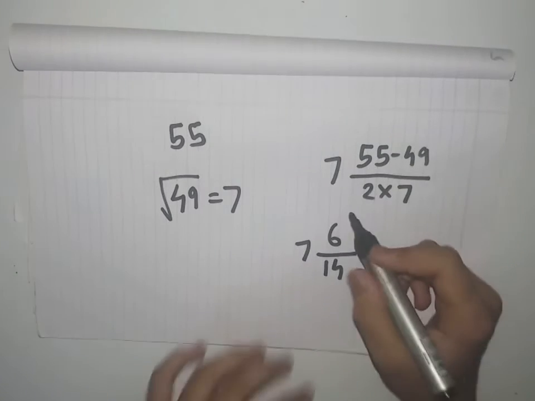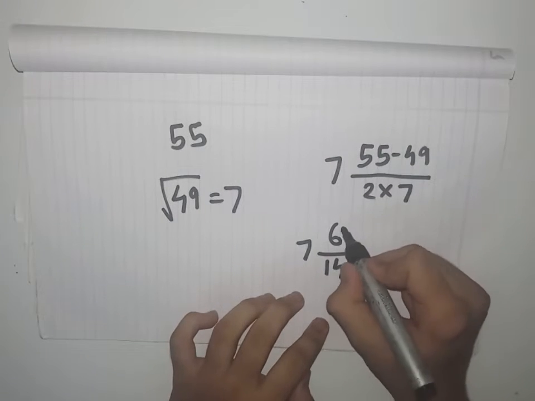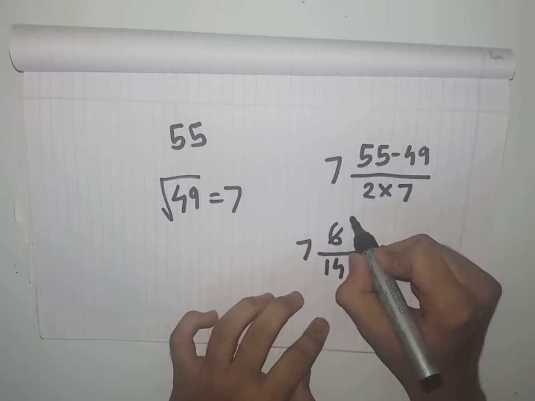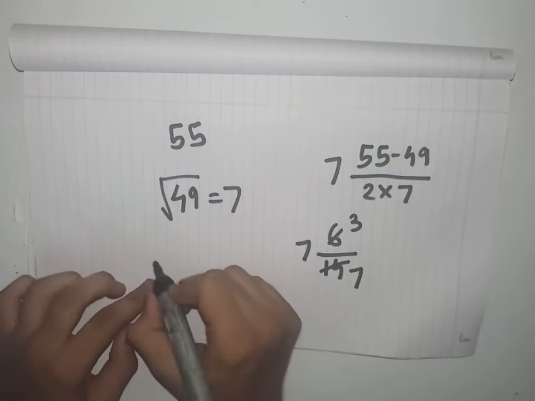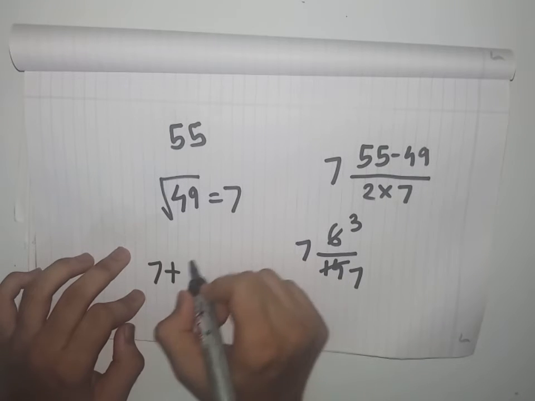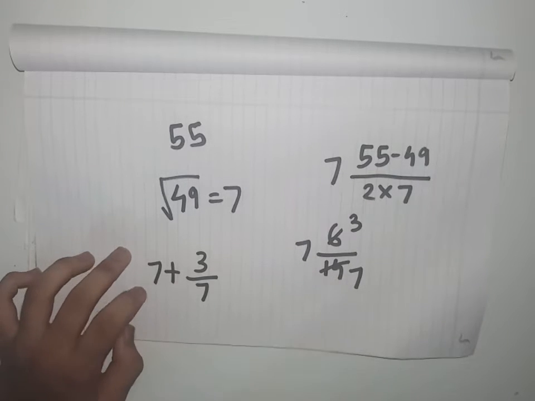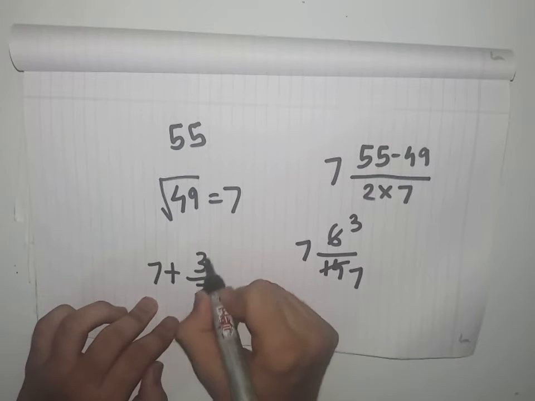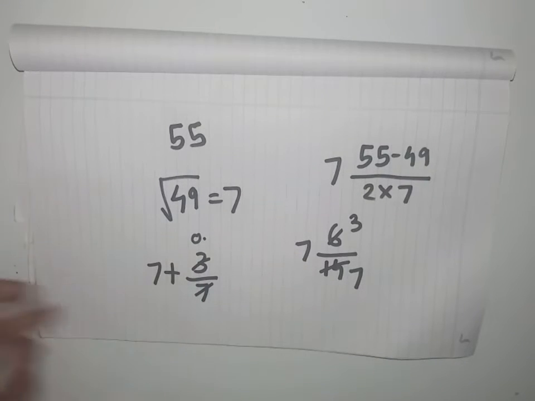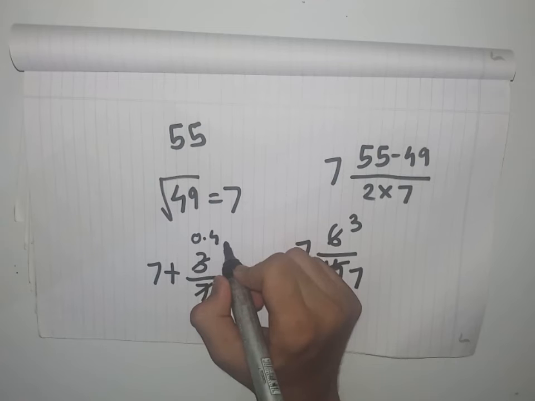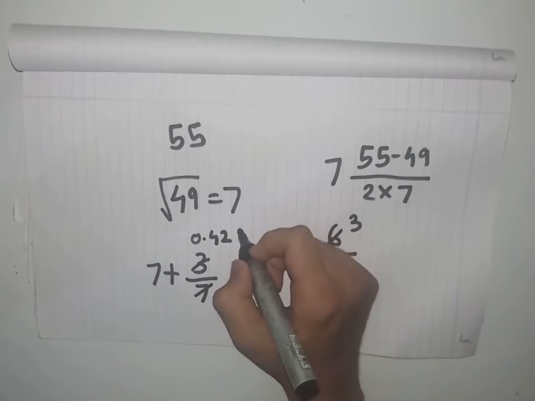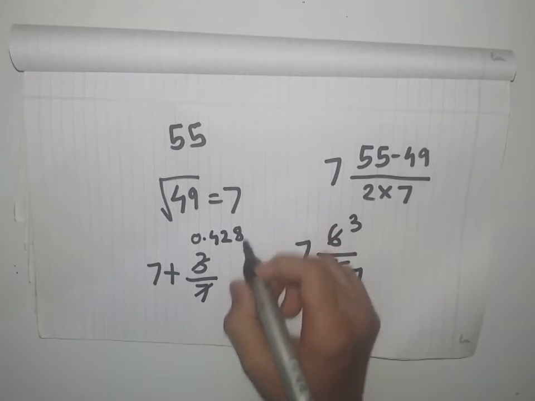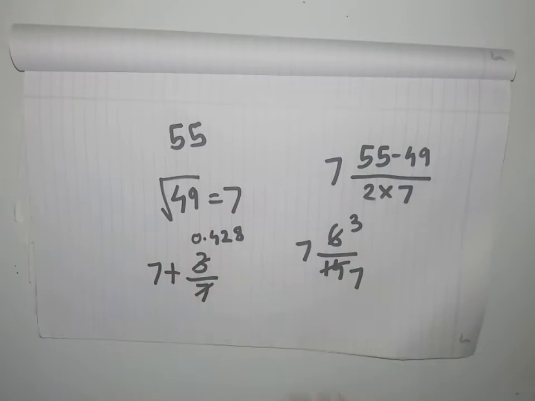So the answer would be 7 plus 3 upon 7, and 3 upon 7 would be 0.428. Try to get it till 3 decimal places.